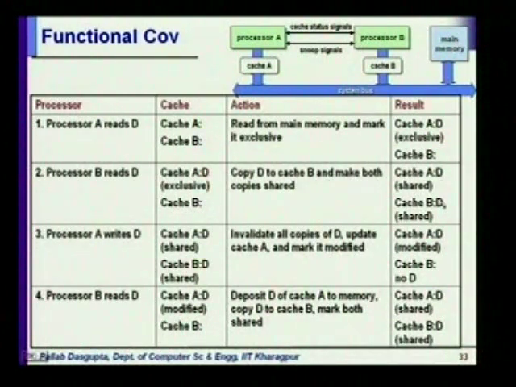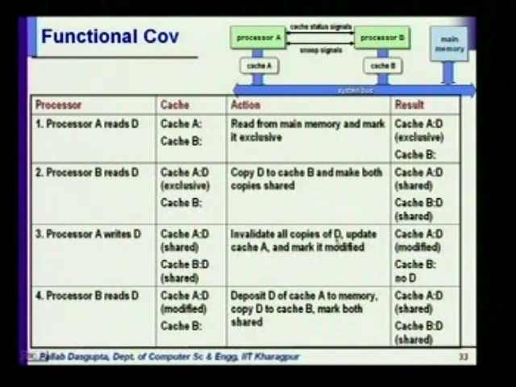We make it shared because we want to have cache coherence. See, we marked it exclusive, so if processor A wanted to work on D at this point of time, it would not have to update cache B because it is exclusive data. But now it has become shared. If one changes it, it has to reflect on the other cache also. Now processor A writes D. Now it is shared, remember.